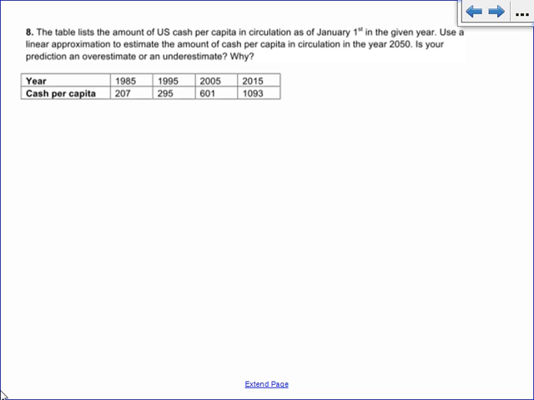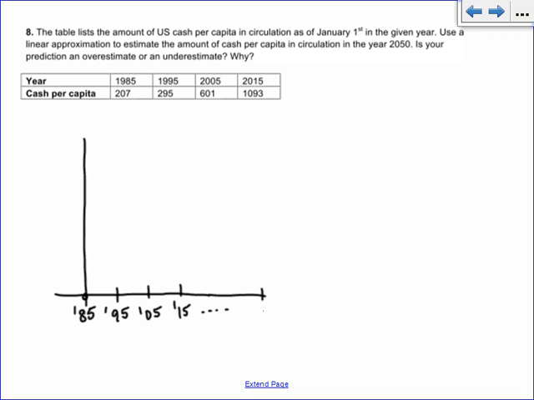So let's think about what the graph would look like. If I did graph this all out, and I had 85 as my starting point, and then 95, 2005, 2015, and then further down the line I want 2055 or 2050. Kind of funny I did 50.